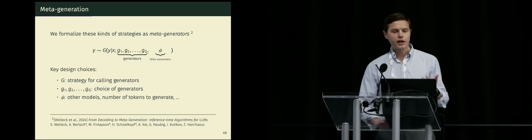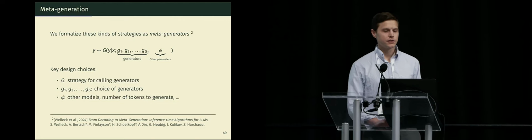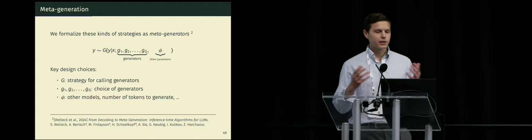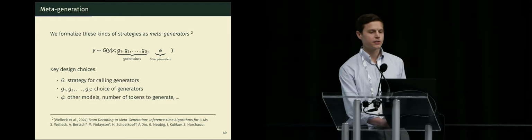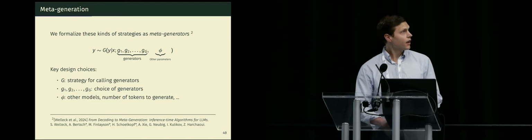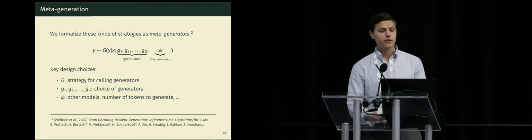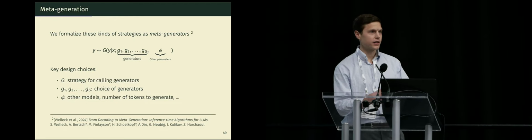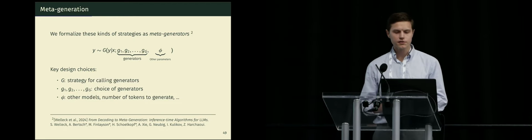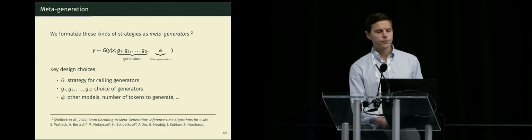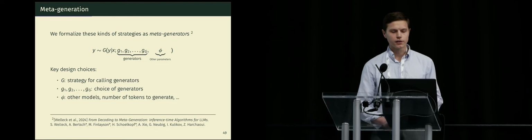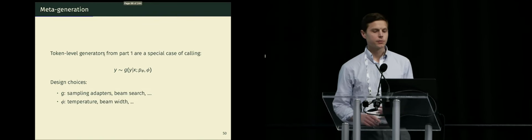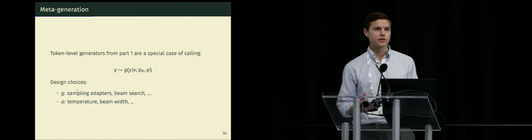And so in fact, there have been other strategies developed, and we formalize these using the term meta generation. A meta generator takes in some input x, and then it also takes in these sub-generators that it's calling to generate sequences. And then it takes in other parameters, like other models, like a reward model, as well as the number of tokens or number of sequences that you want to generate.